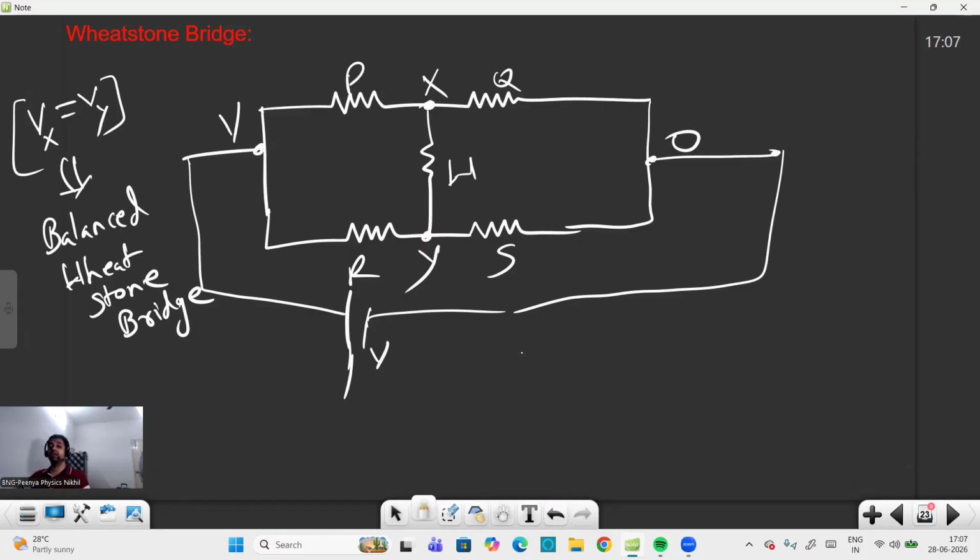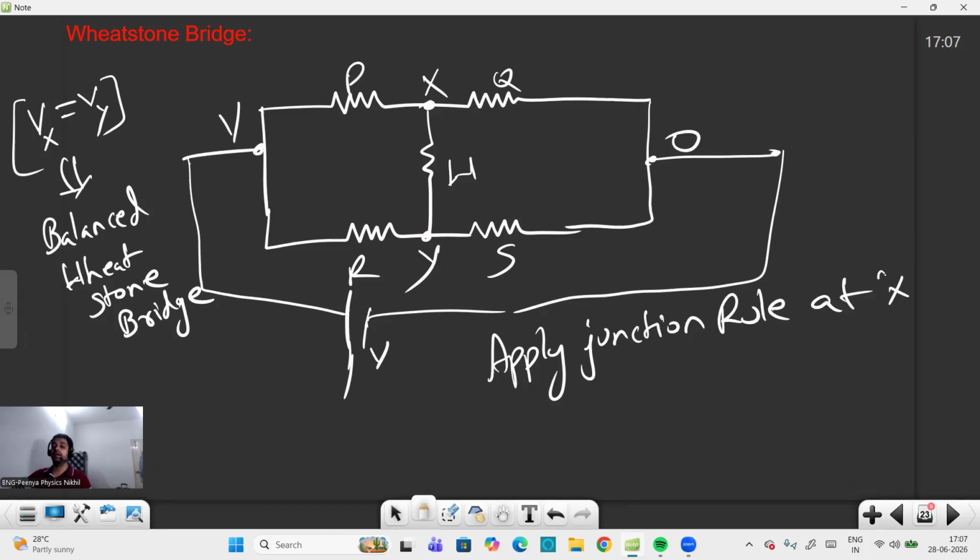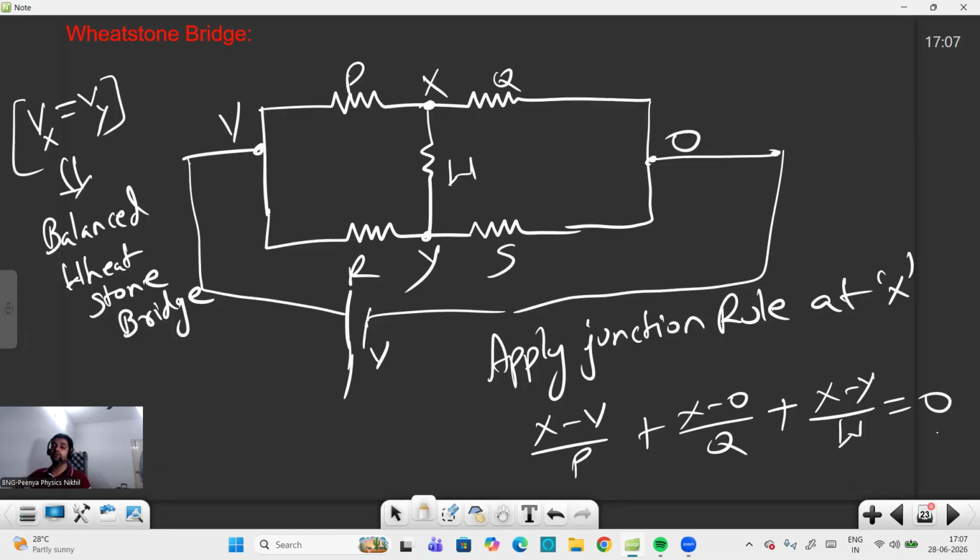Now apply the junction rule at X. According to the junction rule, we can write (X minus V) divided by P plus (X minus 0) divided by Q plus (X minus Y) divided by W equals 0.